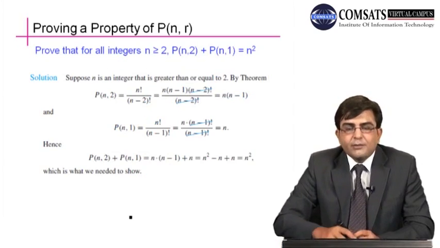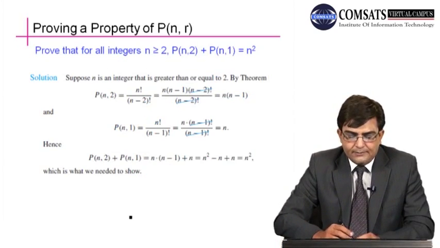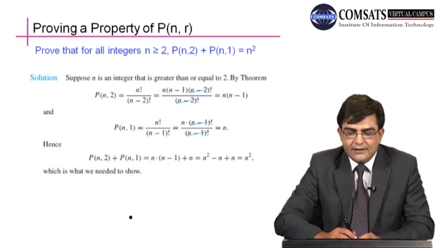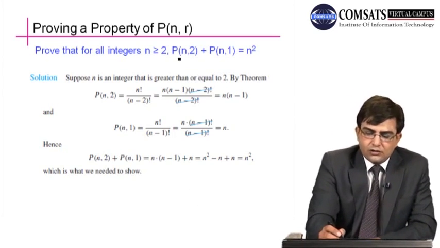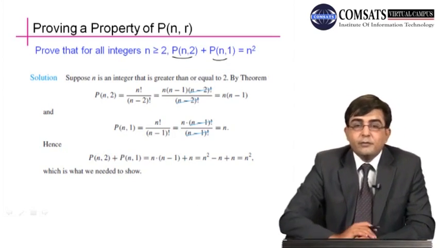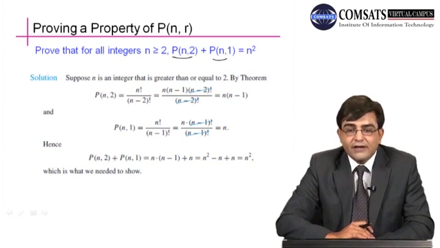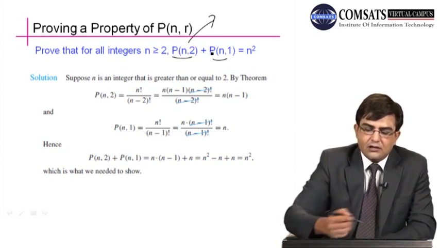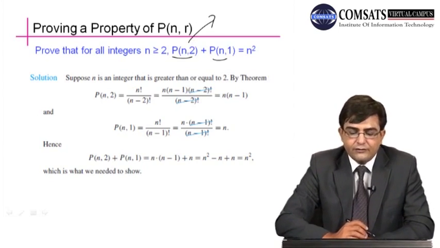The next is proving a property of P and R. Prove that for all integers n greater than or equal to 2, P of n 2 plus P of n 1 is equal to n square. So we know the formula of P of n 2. This is basically n factorial over n minus 2 factorial.